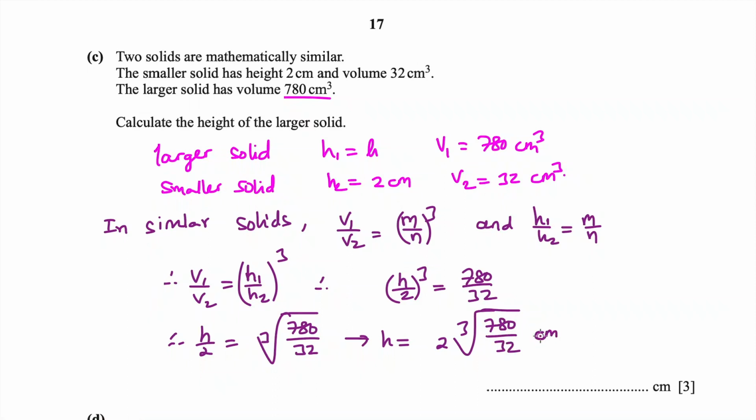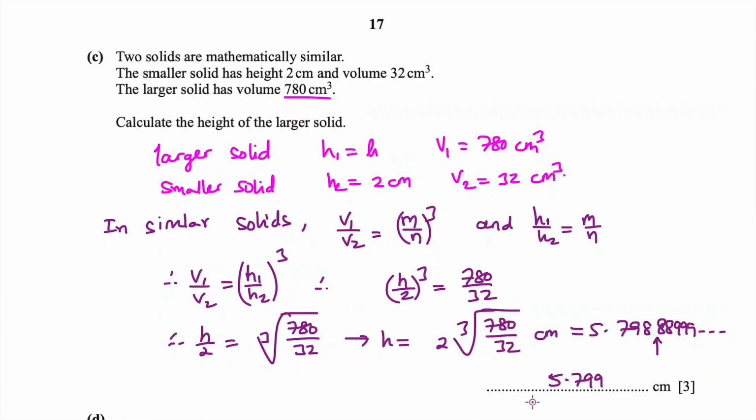And if I calculate this value it will come out to be 5.798889999 and so on. And so if I round it off to 4 significant figures, the answer would be 5.799 centimeters.